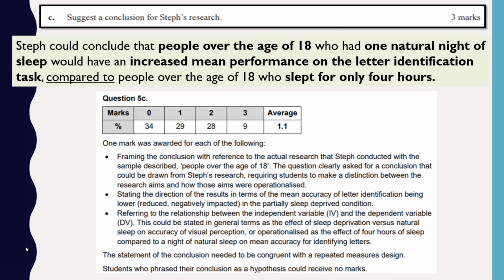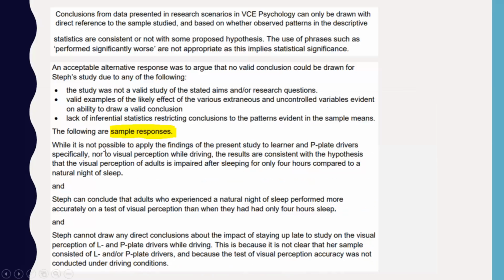Alrighty, so I'm going to show you guys the alternative responses that some students mentioned last year. Okay, the following are sample responses. So what our sample response was resembled more of option 2 here. Okay, this is kind of what we looked at in the previous one. There are also other alternative options that you can talk about. So you can talk about, for example, the reliability of the study overall.